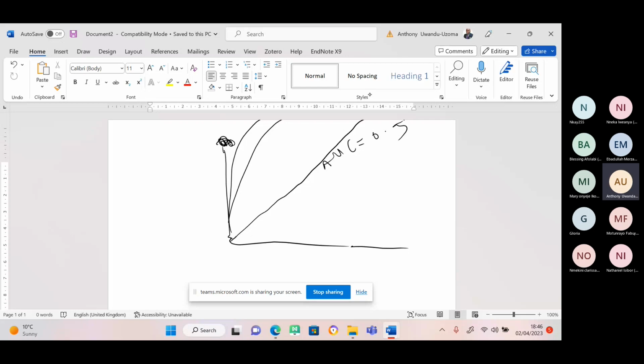So let's say around 0.7, okay? Anything above 0.7 for me is okay. Anything above 0.7, 0.9, it means that the test can distinguish those that have the disease from those that don't have the disease. So this is a recap of what I said before. Any question at this point?